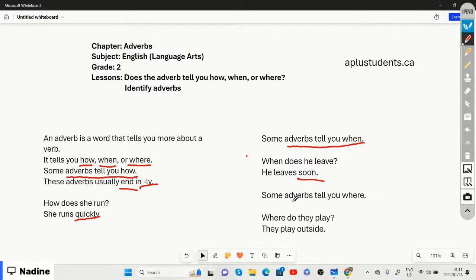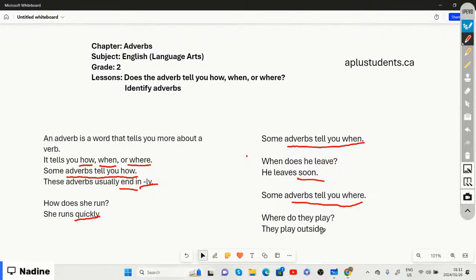And then some adverbs tell you where. So the question is, where do they play?